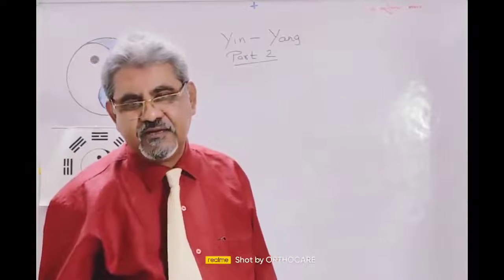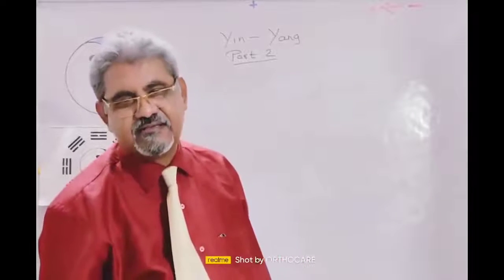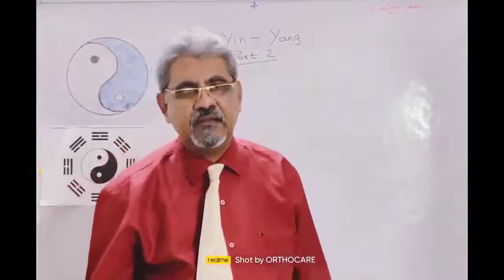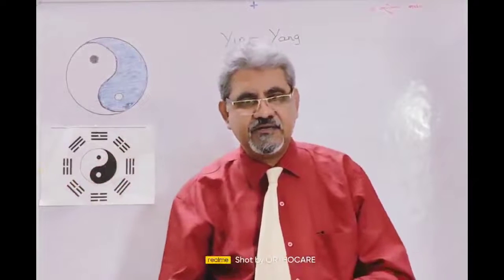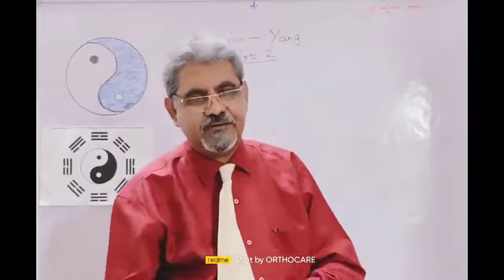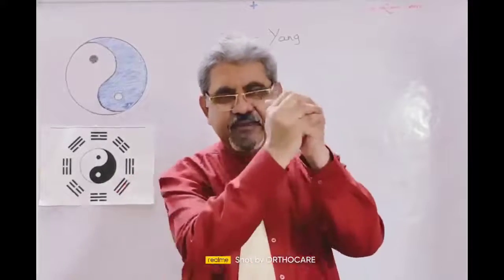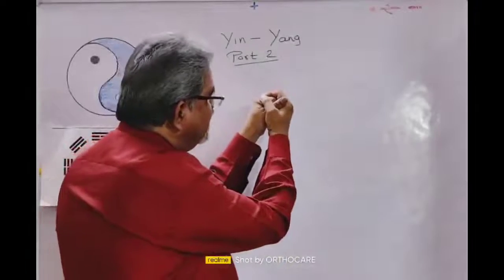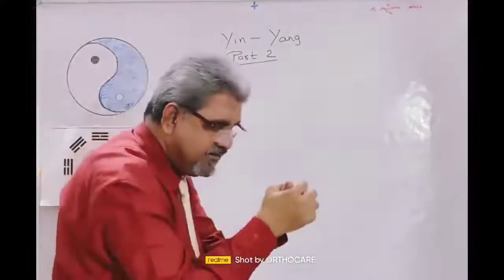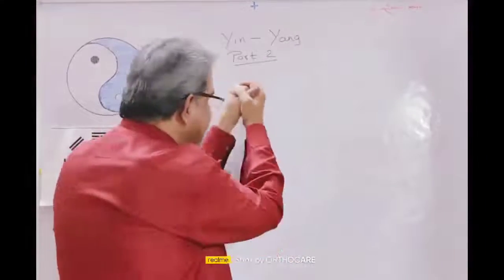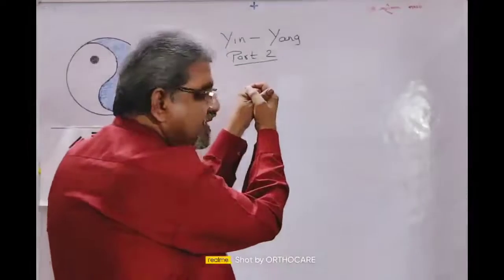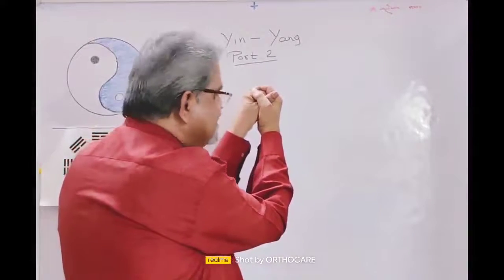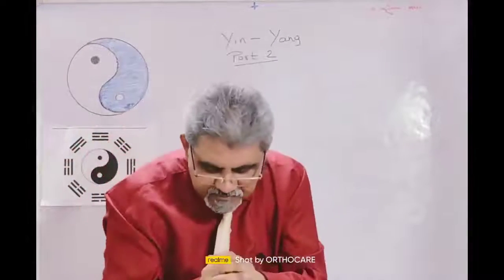Yin and yang are expressed as a dual quality. Normally in martial arts in China, they bow this way. When you join your fist this way, normally during Kung Fu and other places, they bow this way.